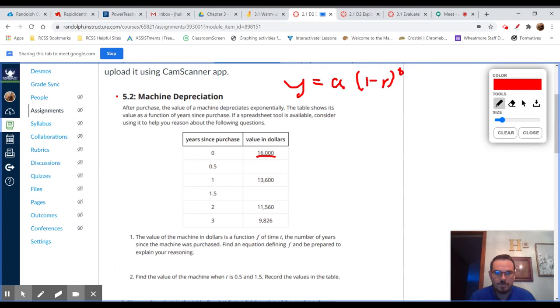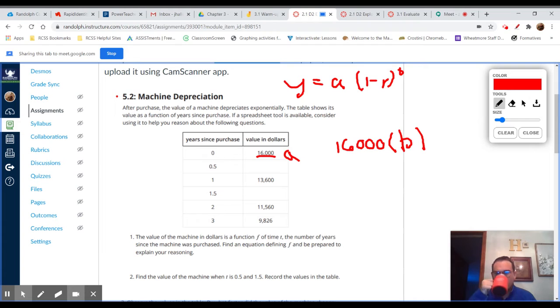Our starting value is 16,000. That's A. Then we're going to say 16,000 times a factor, which we'll call B. 1 minus r we can deal with in a minute.